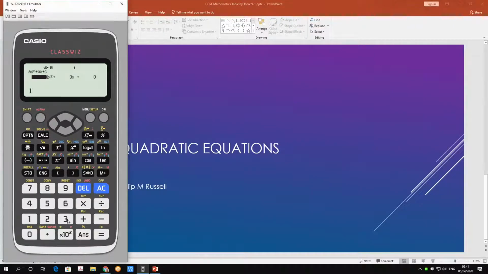So this first number is going to be a 1. The second number is going to be a minus 14. It's the same sum as we had before. And the last number is going to be 48. So I've placed it into the calculator. Equals, my first answer is going to be 8. Oh, that's what we had. And my second answer is going to be 6, which is what we had.